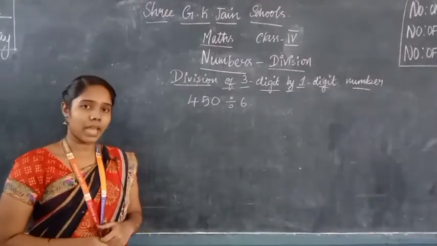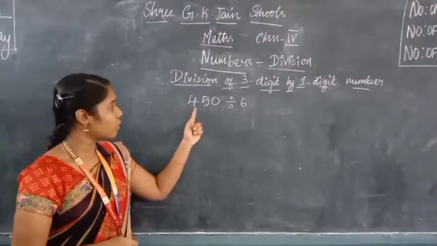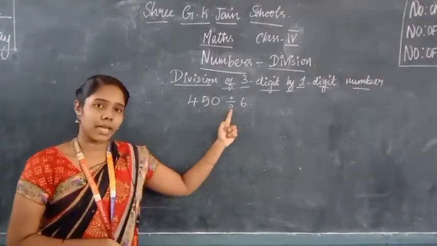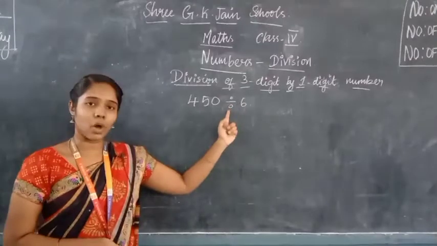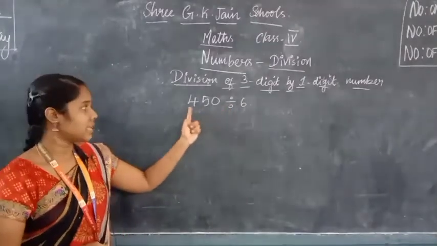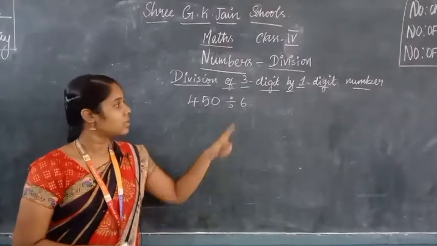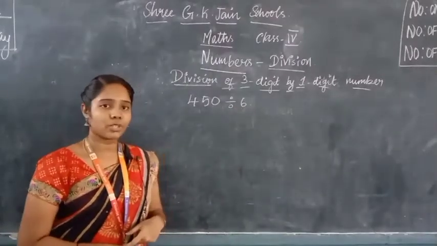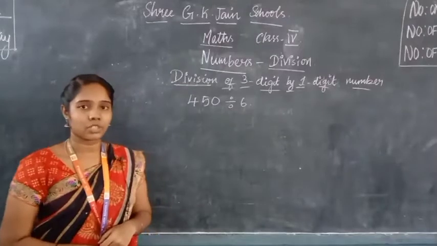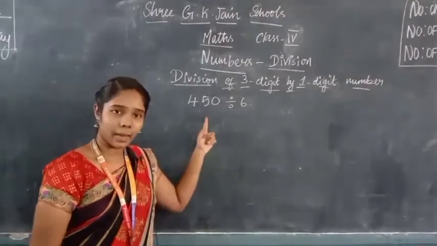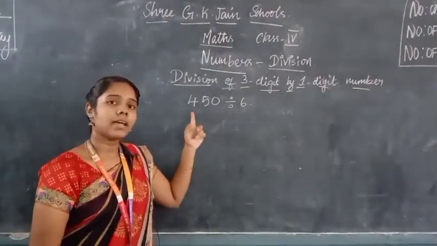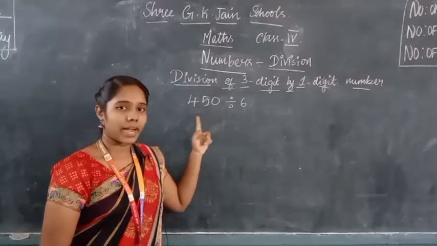Let us see with an example. So 450 divided by 6. This is the symbol of division, you know, right? Yes. So 450 is a 3-digit number. We are going to divide it with a 1-digit number, which is 6. Shall we begin? The number which has to be divided is called the dividend.